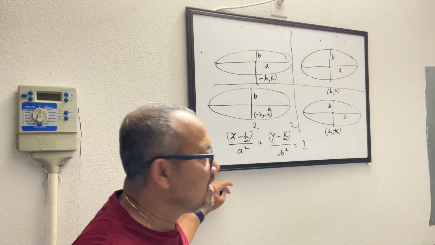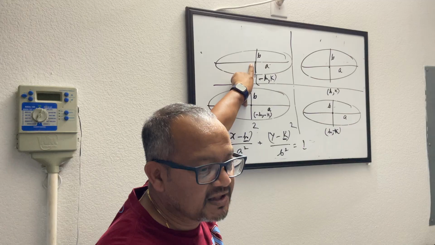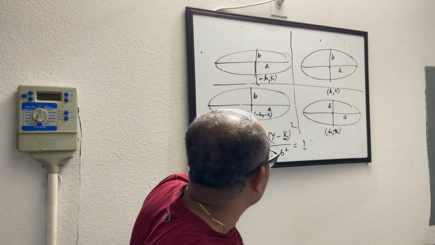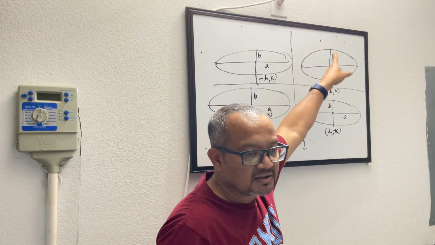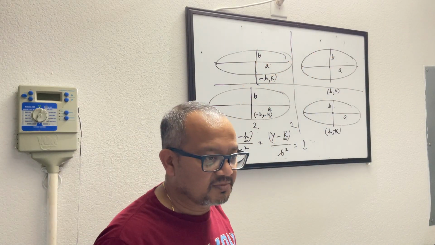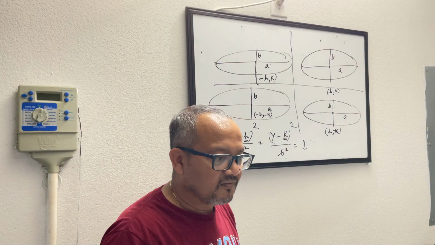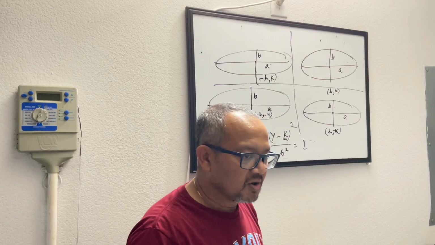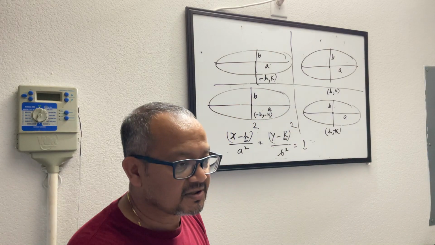So even if every other property is matching, only the coordinates of the center determine where the ellipse is on the coordinate plane, and this will help you derive the location of the ellipse.